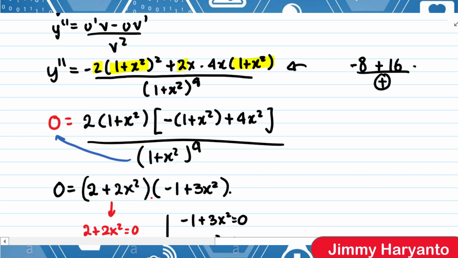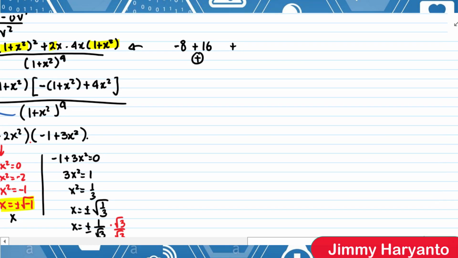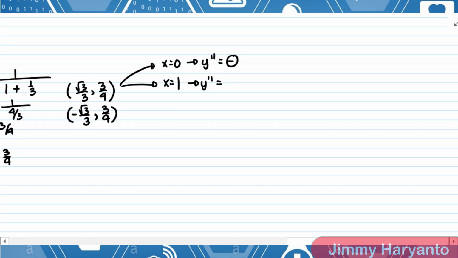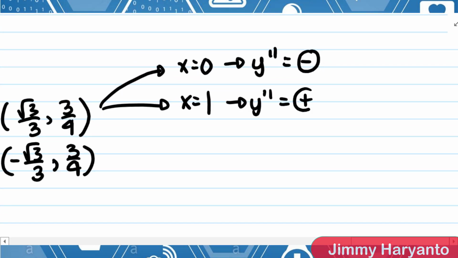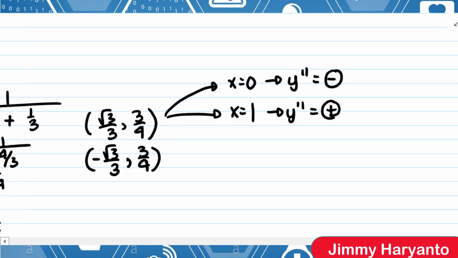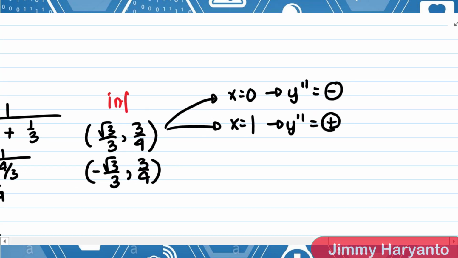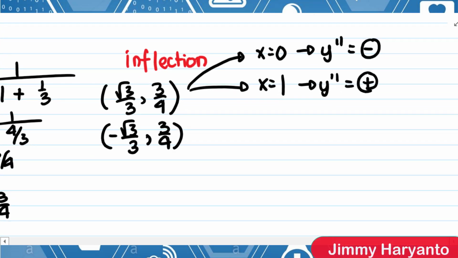This one is positive. So the bottom part will be positive, the top part will be positive also. Positive divided by positive is positive. So this one is positive, and that means this one is an inflection point. Although I hope that it's not an inflection point, so I don't have to find the inflection line.